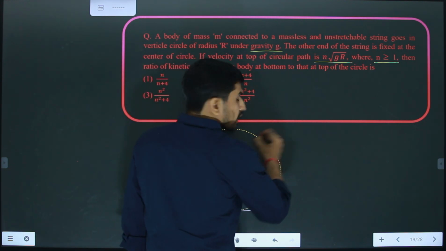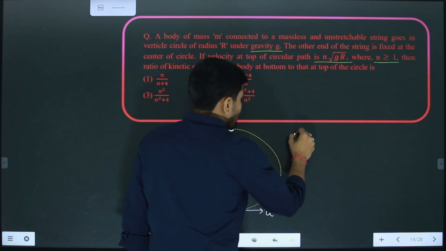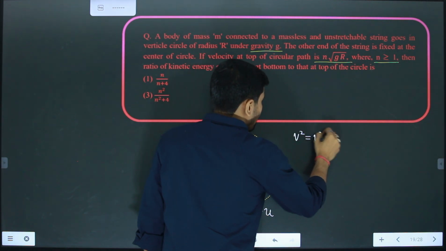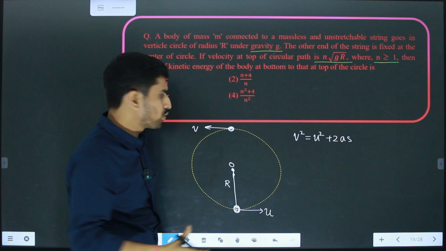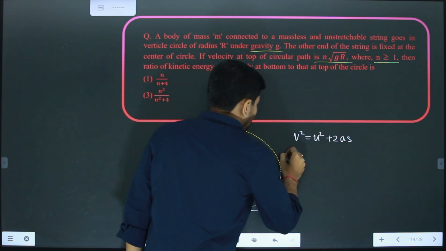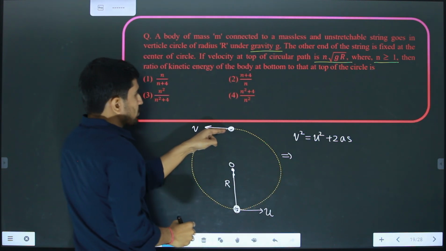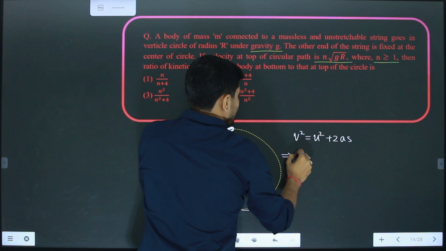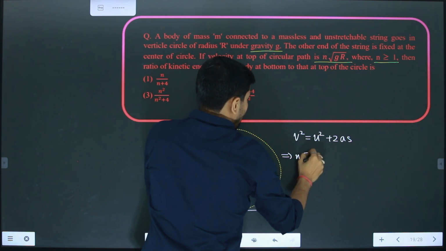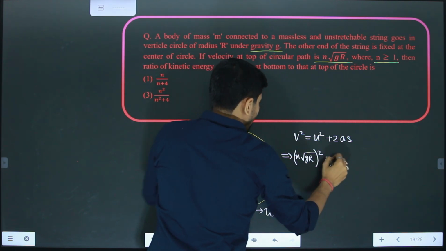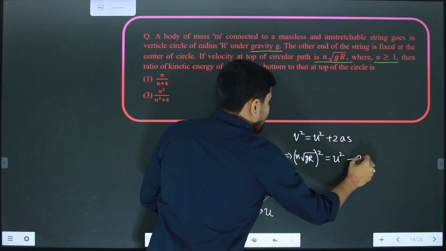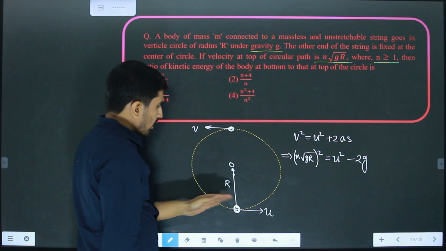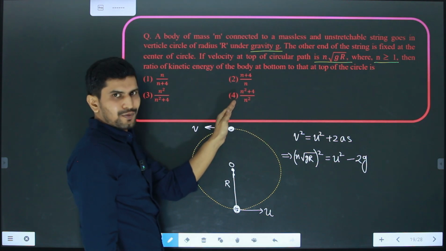We will use the equation of motion. We will use simply v square equal to u square plus 2as. We can also use the conservation of energy to solve the same. All right. So what is the final velocity here? At the top, the velocity is n square root of gr, so v square is n square gr. This velocity has to be calculated, u square. Then acceleration due to gravity is minus, and since the body is going up, displacement is plus.